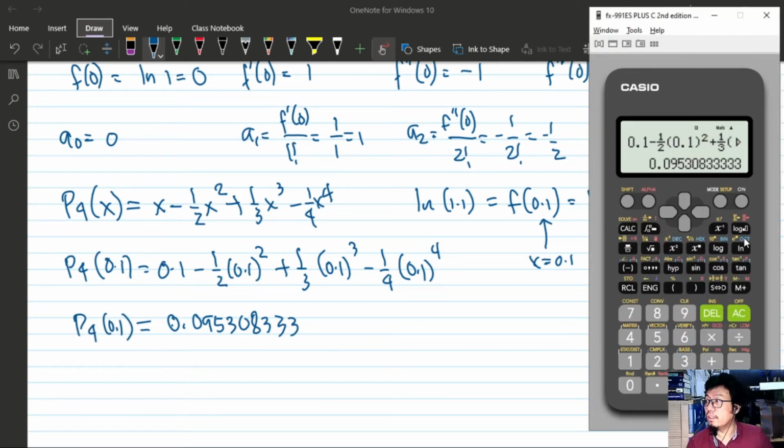But we take note that the natural logarithm of 1.1 is around 0.0953101798.